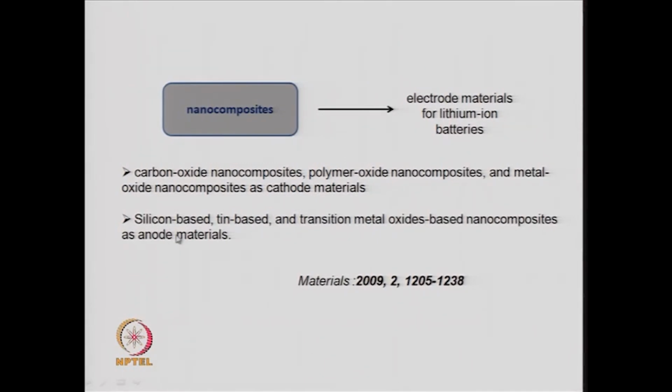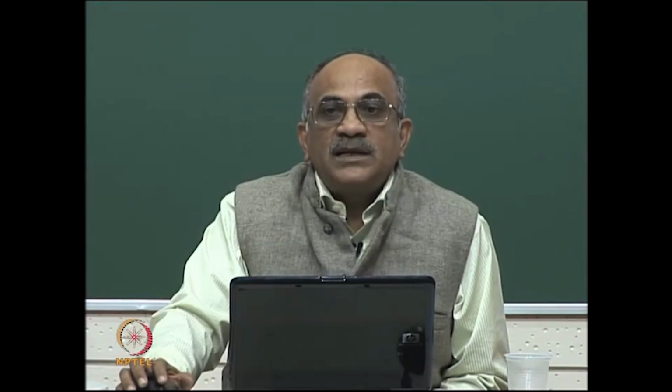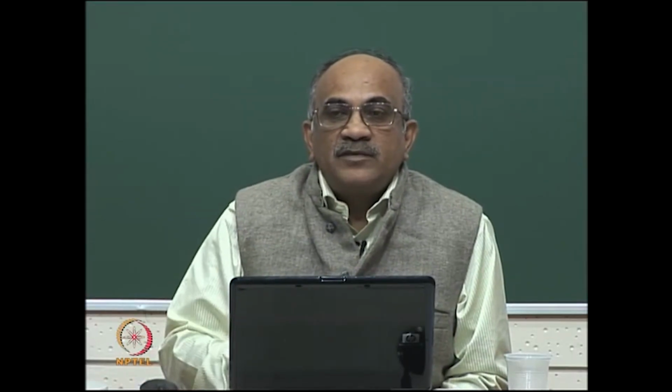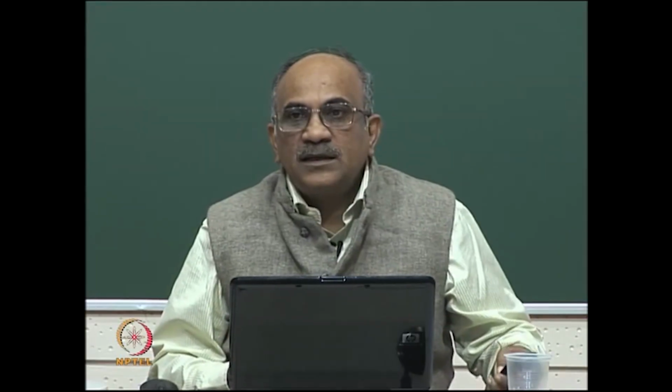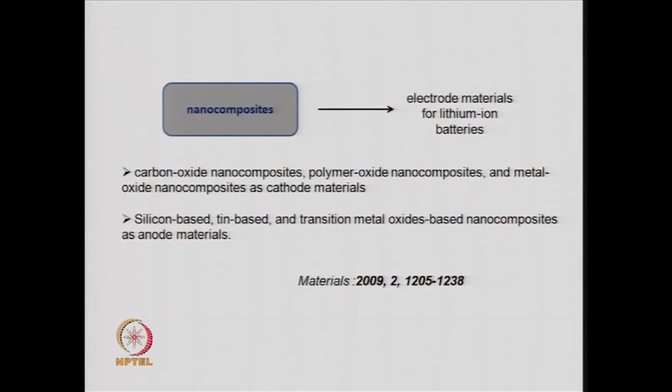Similarly, silicon based, tin based and other transition metal based oxide nanocomposites have also been designed, developed and investigated as anode materials, and their efficiency as anode materials has been measured by making cells and studying the current as a function of the properties, as a function of the dopant, which is the nanoparticle.